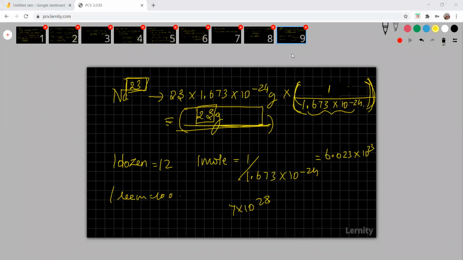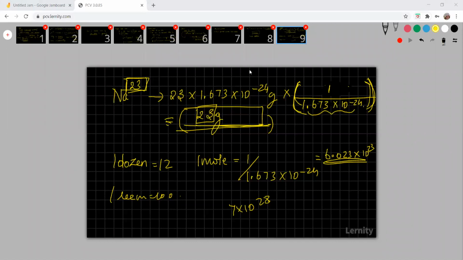If you divide 1 by 1.673 into 10 power minus 24, you will get 6.023 into 10 power 23. 1 by 1.673 is approximately 5.9, almost 6 only. So approximately you will get this value. This is the exact value that you will get. Clear?